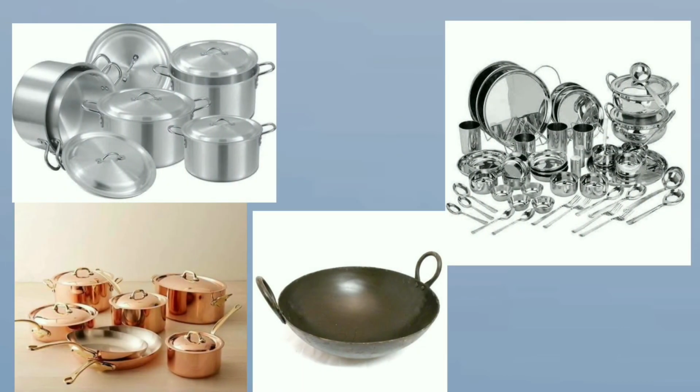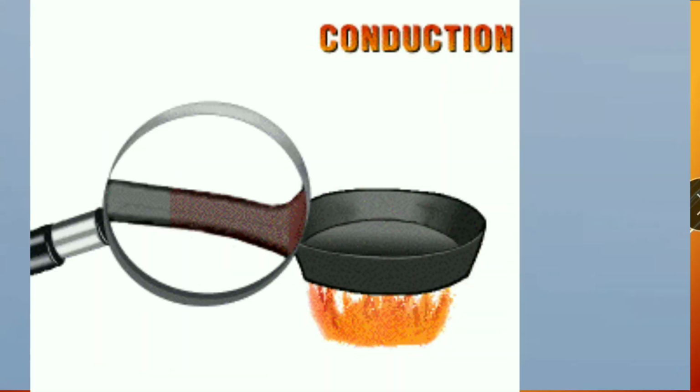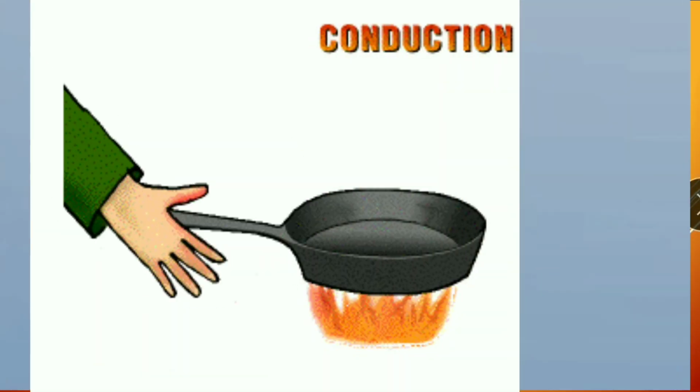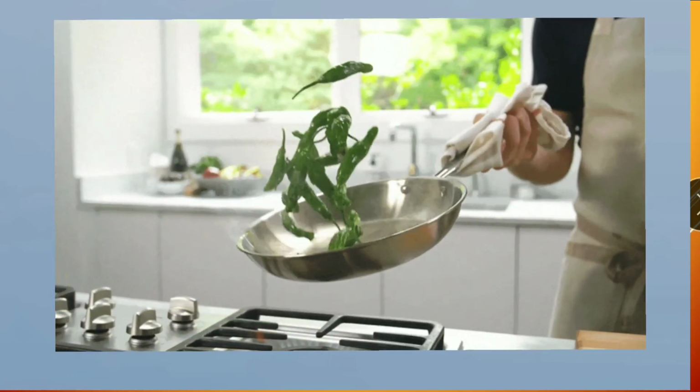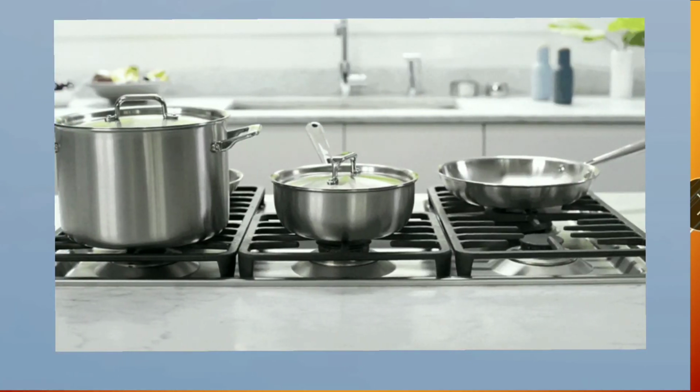The cooking utensils like frying pan, you might have seen in your kitchen, are made of metals because metals are good conductors of heat. Being a good conductor of heat, the metallic bottom of a cooking utensil transfers the heat of the gas stove quickly to the food kept inside it.